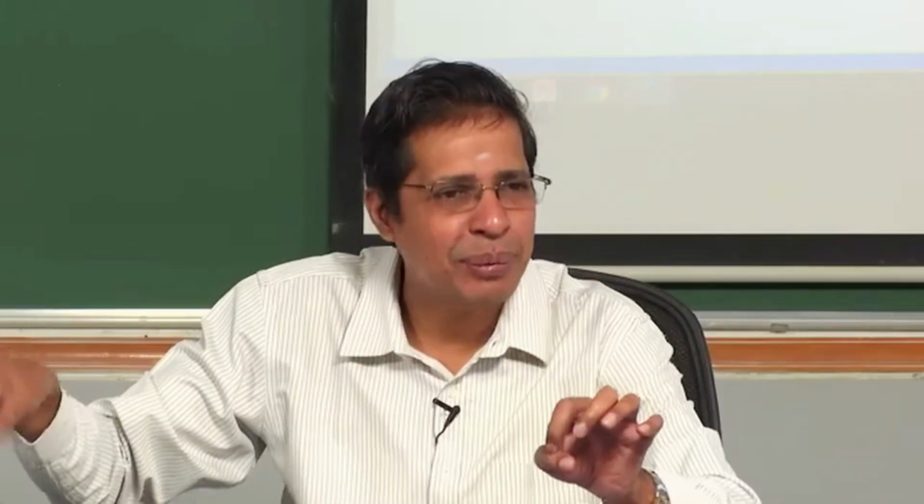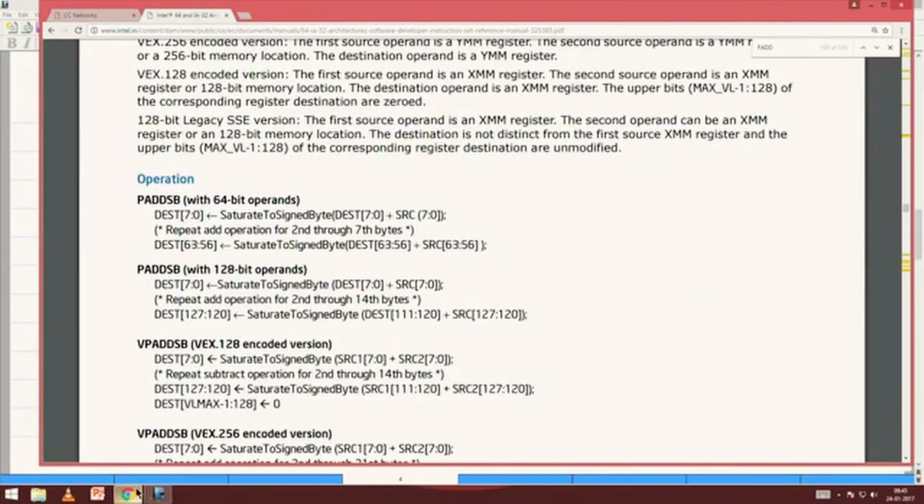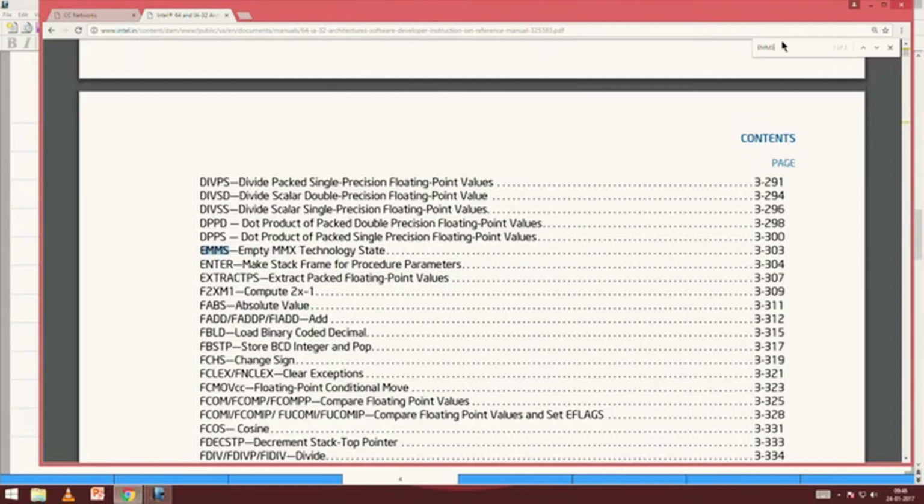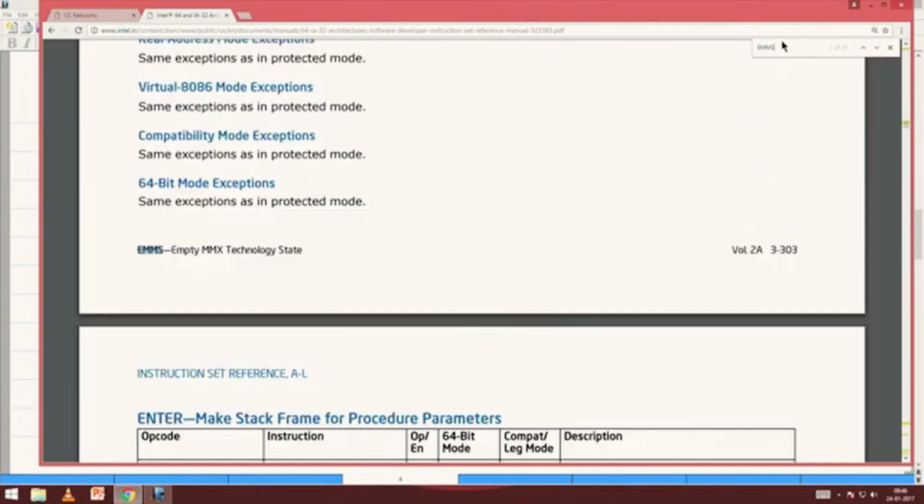If it works very well, then they will add new infrastructure. When I want to execute MMX instructions, the infrastructure I need is first registers, and then some execution units. The execution units are pretty simple because they are add, subtract, etc. But I need registers. So what Intel decided, the first step was to use the FPU registers. If you look into the Intel manual, very interesting, if you search for EMMS, empty MMX technology state.